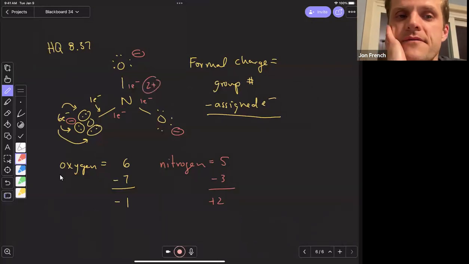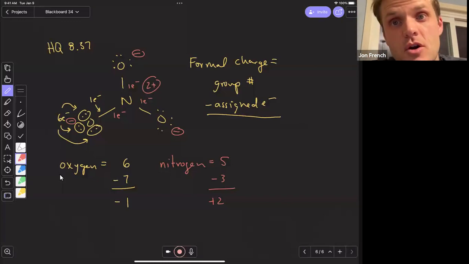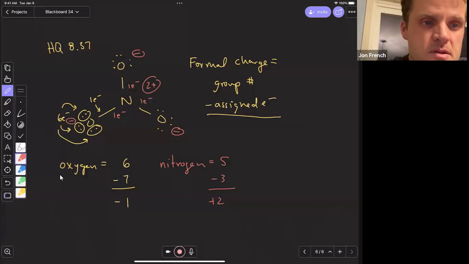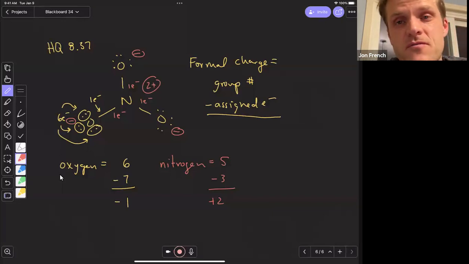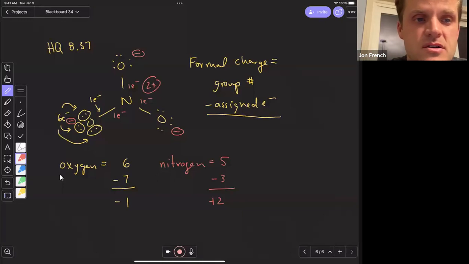Whenever possible, we want to minimize charge. I can minimize some of this charge on nitrogen by forming a nitrogen-oxygen double bond. So choice B, separation of formal charges, we have that because I've got a positive charge next to a negative charge. And formal charge is not minimized.